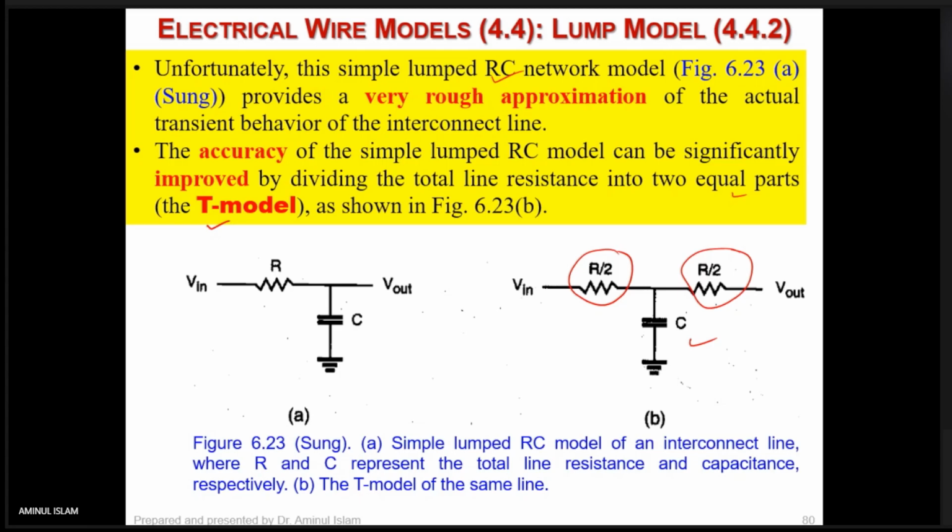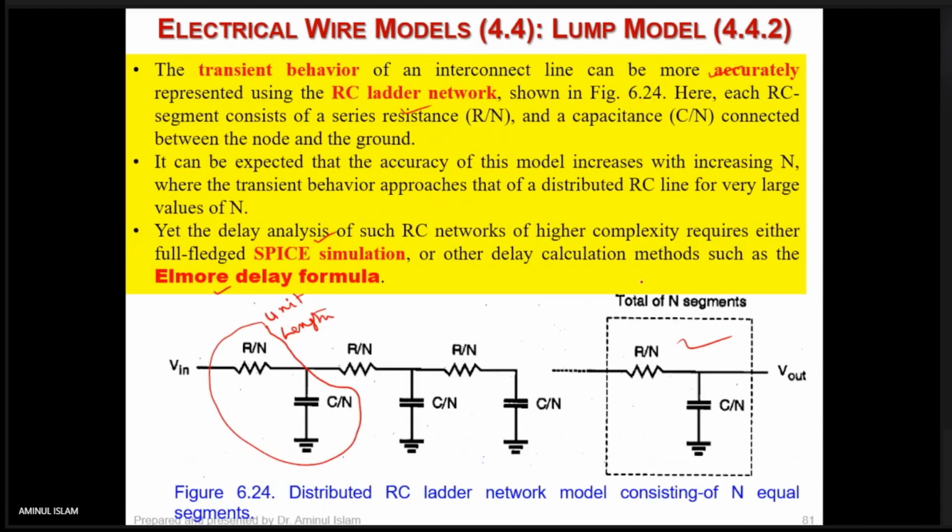Unfortunately, this simple lumped RC network model provides a very rough approximation of the actual scenario. The accuracy of the simple lumped RC model can be significantly improved by dividing the total line resistance into two and putting the capacitor in between in this way. The transient behavior of the interconnect line can be more accurately represented using an RC ladder network like this. Keep on improving this way, then accuracy will be there in the RC time constant computation.